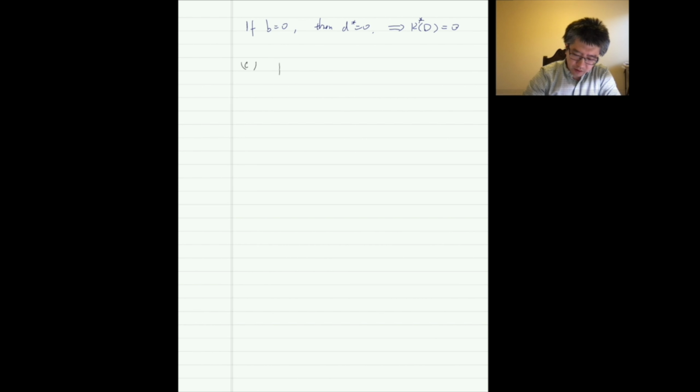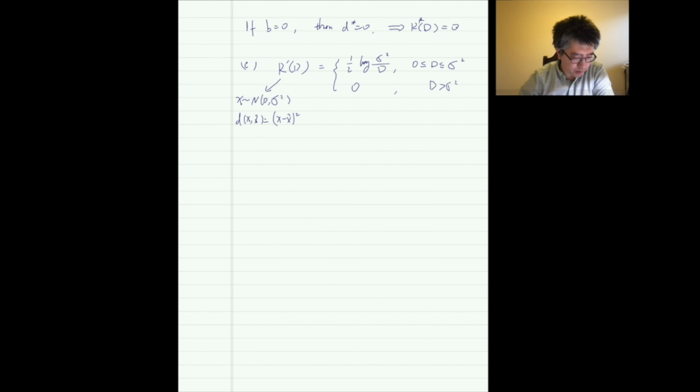So then we get R prime of D. So this is for X following a Gaussian distribution, and the distortion measure is a squared distortion. Okay, so in this case, we have proved in class that this equals half log sigma squared over D when D is between 0 and sigma squared, and 0 otherwise.